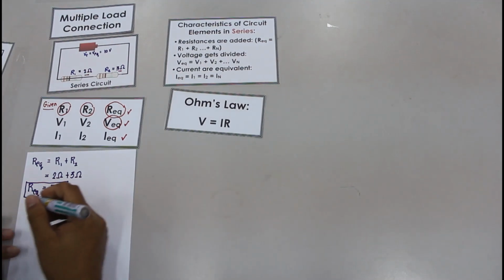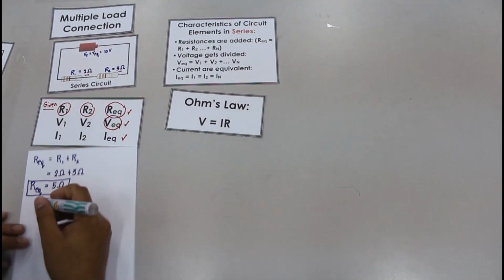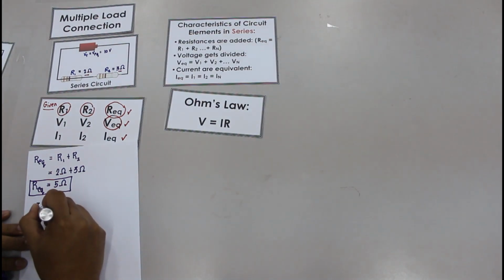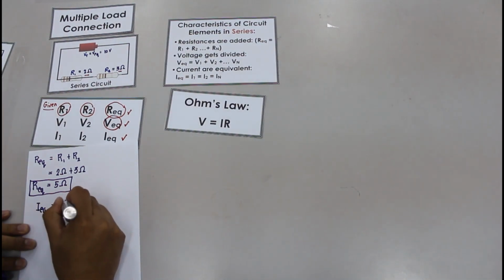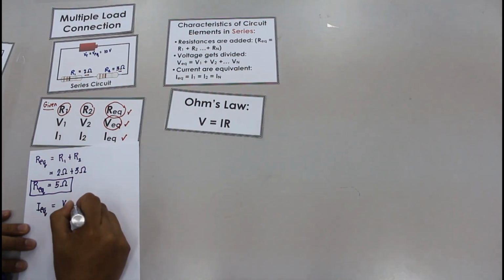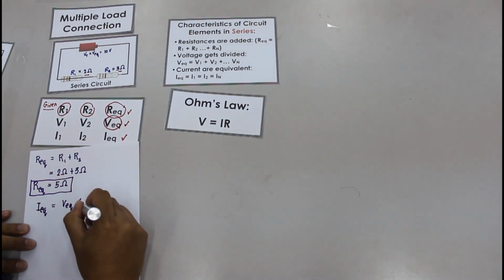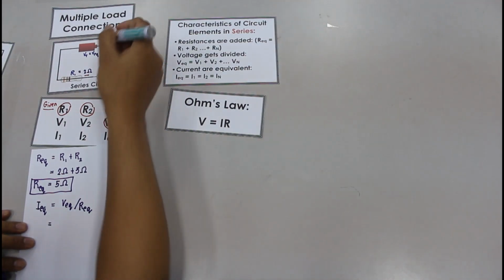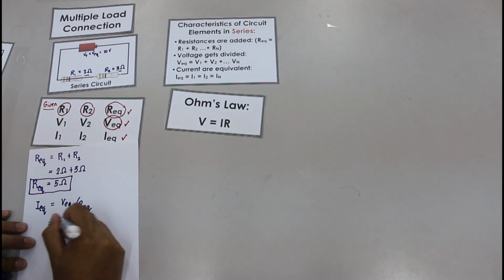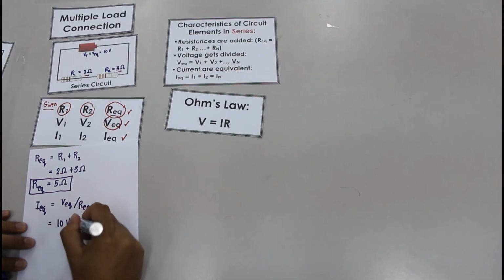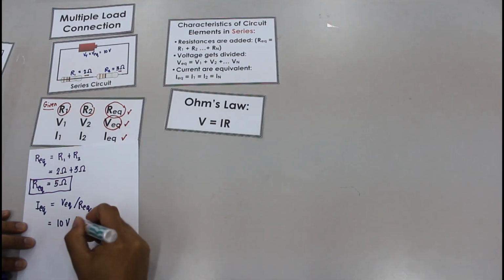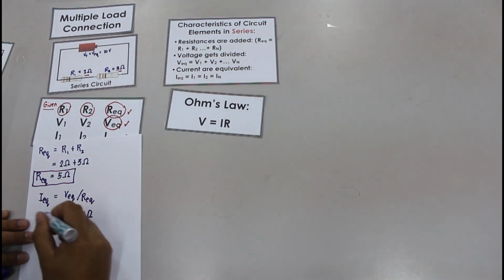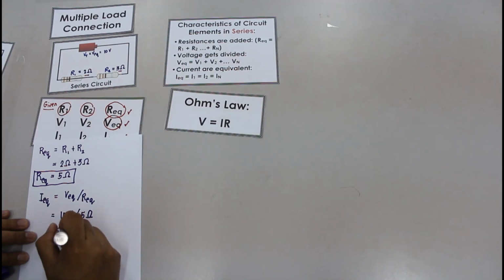So to solve for I equivalent, we simply manipulate the equation and solve I equivalent equals voltage equivalent divided by R equivalent. We note that the given voltage equivalent is 10 volts. We simply substitute the value 10 volts and divide it by what we have calculated for the R equivalent, which is 5 ohms. And that will give us a current equivalent of 2 amperes.